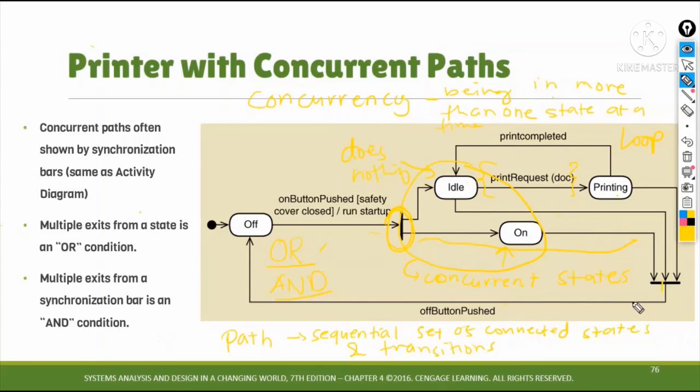This feedback line signifies a loop. A transition from one state to another is just a recurring process.